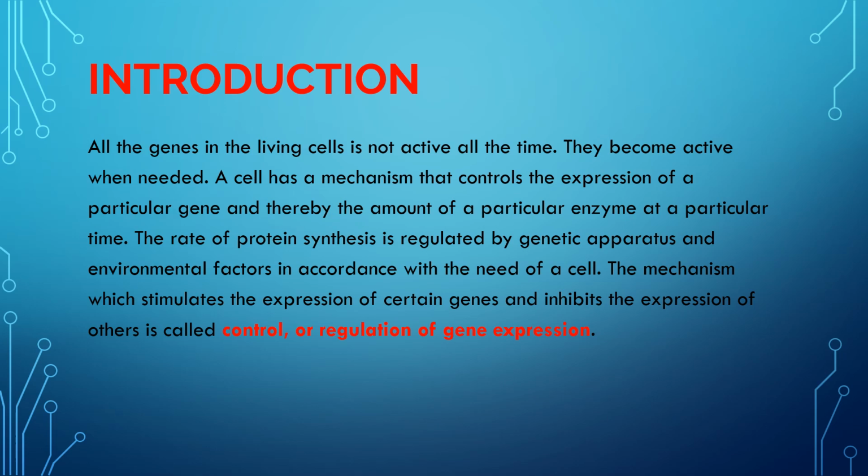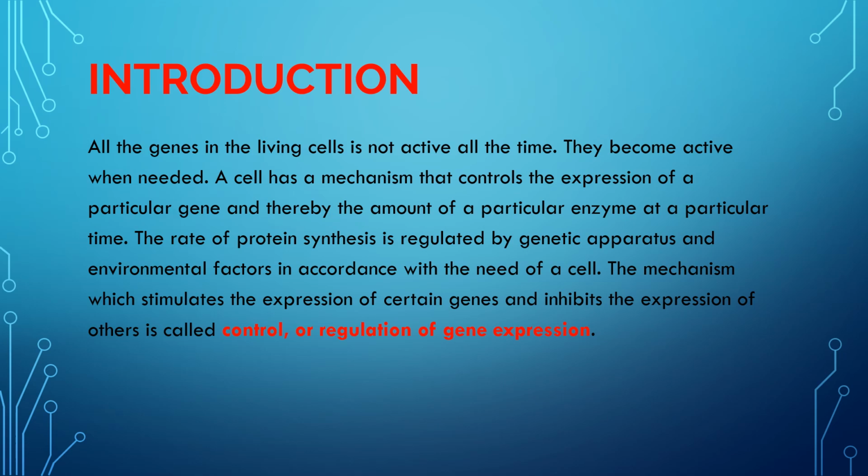If the synthesis of all the enzymes is fully accelerated, metabolic chaos would ensue in the cell. Thus, the phenomenon of gene repression and de-repression provides a means of decreasing or increasing the rate of synthesis of a particular enzyme in response to variations in the environmental requirement for the enzyme. In other words, a cell has a mechanism that controls the expression of a particular gene and thereby the amount of a particular enzyme at a particular time.